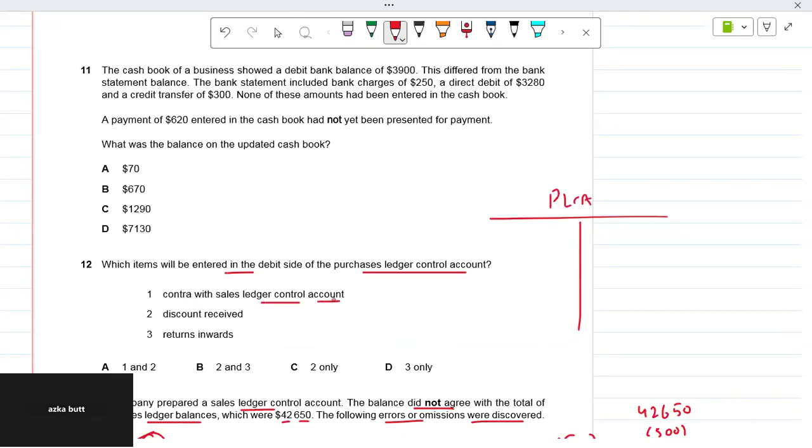Contra with the sales ledger control account, it will basically decrease the PLCA, decrease your liability, and this will be recorded here. And discount received, of course, it will also decrease the PLCA, so this will be recorded here. Return inwards is not a part of PLCA, this is part of SLCA. So 1 and 2 only.